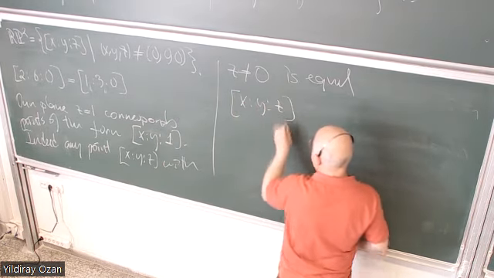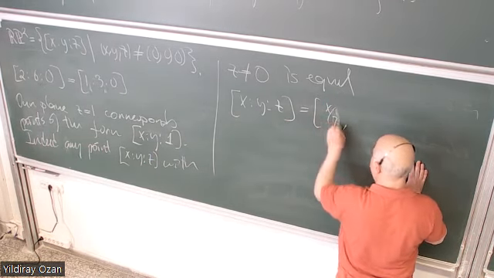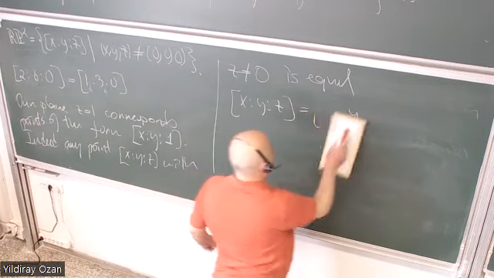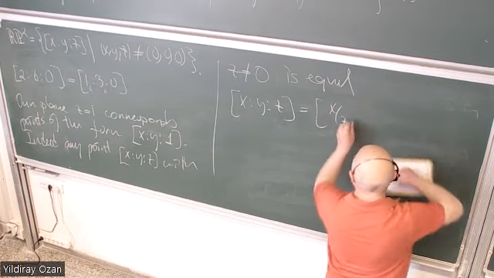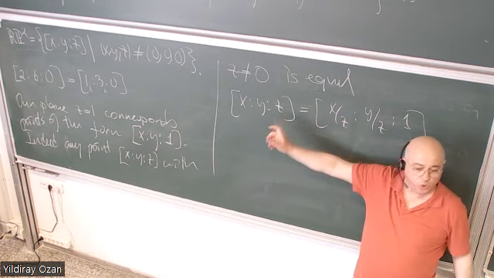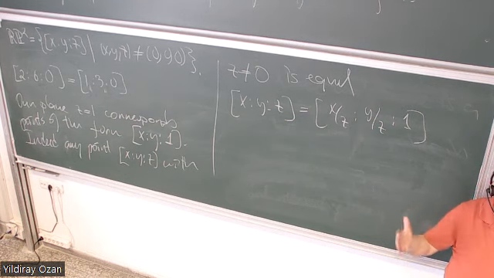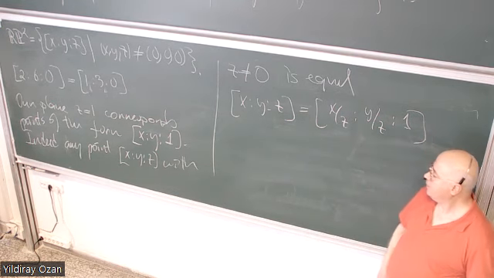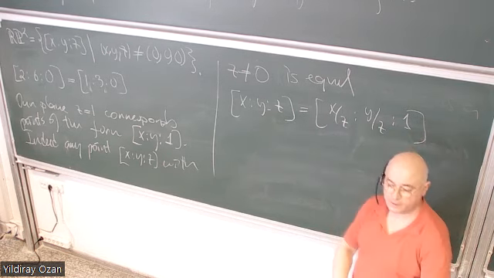X, Y, Z. Z 0 değilse Z'ye bölerim. X bölü Z, Y bölü Z. So x over z, y over z and 1. Yani z koordinatı 0 olmayanlar bizim bildiğimiz Euclidean space'in kopyası. Tamam mı? Eklenenler neler? Z koordinatı 0 olanlar.